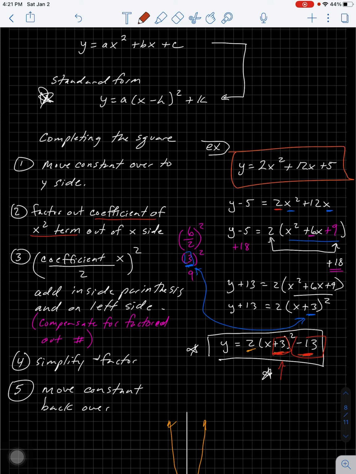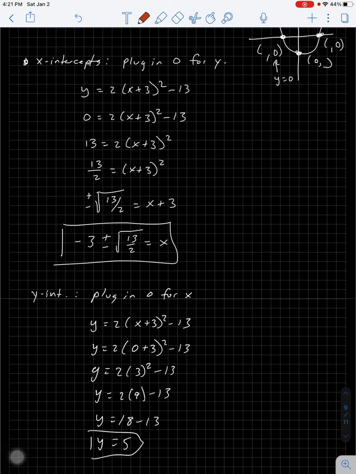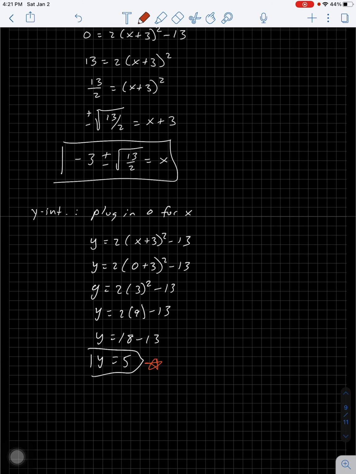Plug in 0 for x here. 0, 0, 5. And that's what we calculated, was 5. So sometimes it's easier to look at this form, and sometimes it's easier to work with this form, and you get to choose which one to use. But that's the quick way of getting the y-intercept of 5.